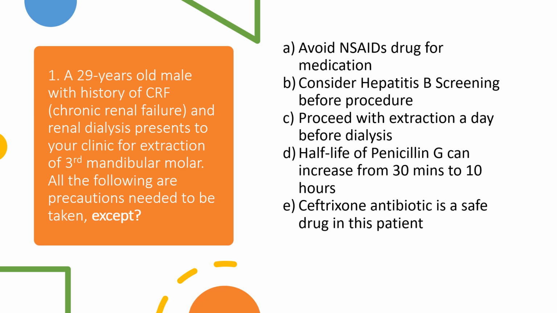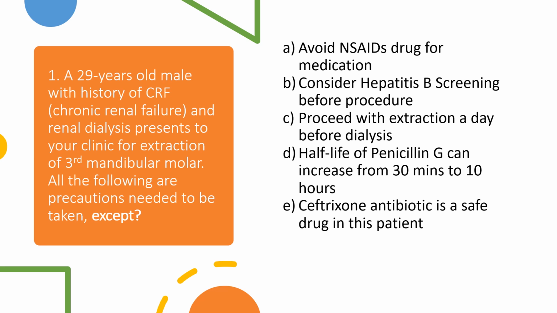So what are the precautions we need to take if the patient who presents with a chronic renal failure to your dental office? The first option is avoid NSAID drugs from medication. What I know from my background knowledge, yes, NSAIDs are kind of nephrotoxic drugs.